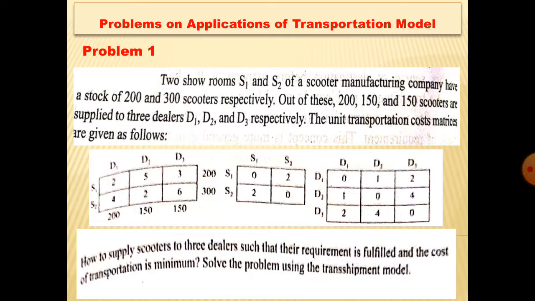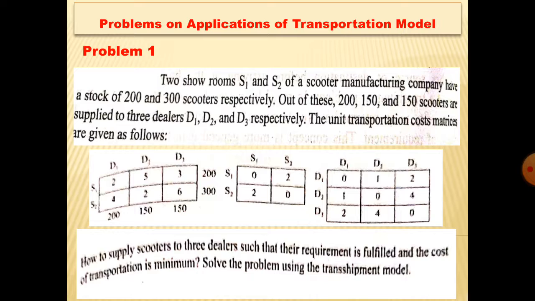Okay, afterwards we have solved balanced and unbalanced problems. Next, we have solved degeneracy and non-degeneracy problems, and after that we have solved maximization problem.